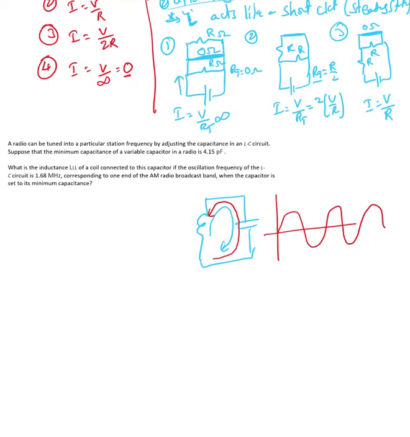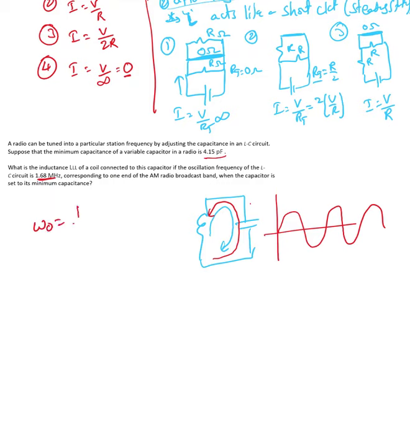Now, the C value is given. Suppose that the minimum capacitance of a variable capacitor in a radio is 4.15 picofarad. What is the inductance value of a coil connected to this capacitor if the oscillation frequency is given? In an LC circuit we call that the resonant frequency.